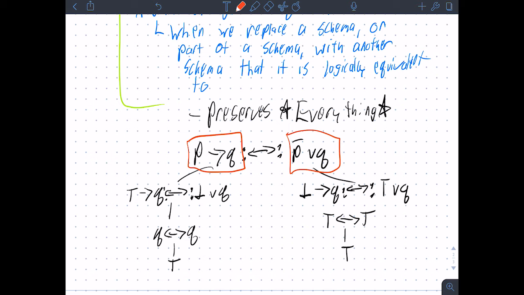And again, the reason why we have to do this is because it allows us to transform our schemata into forms that make doing tests on them very easy.